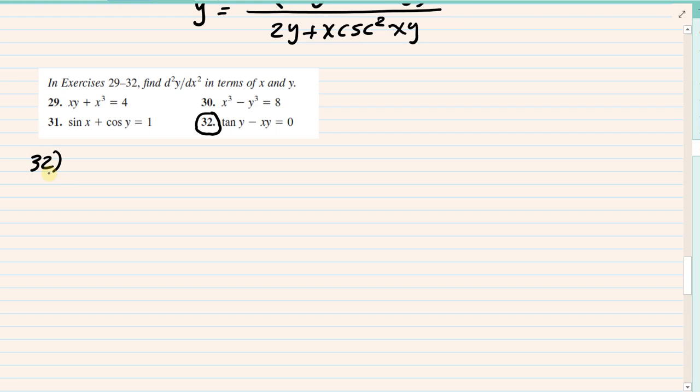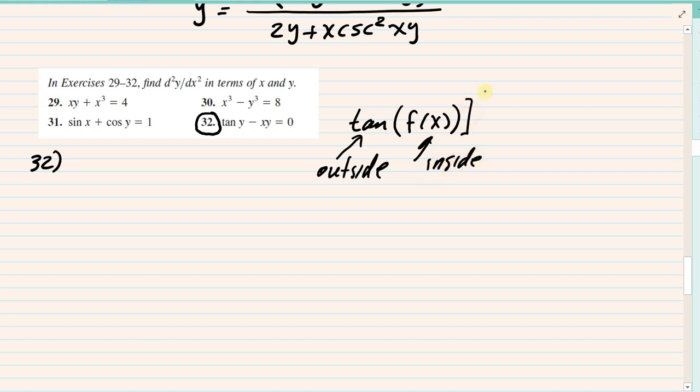Now, derivative of tangent of y. One way, by the way, let me show you this. You can think of tangent of y in this section as tangent of a function of x. So you again work with an outside-inside function. Outside function is tangent, and this would be the inside function.